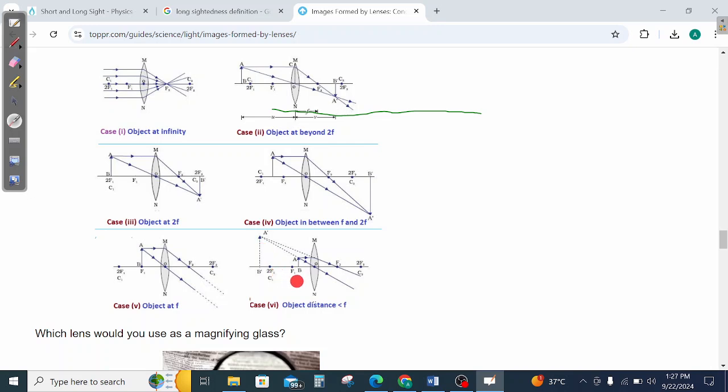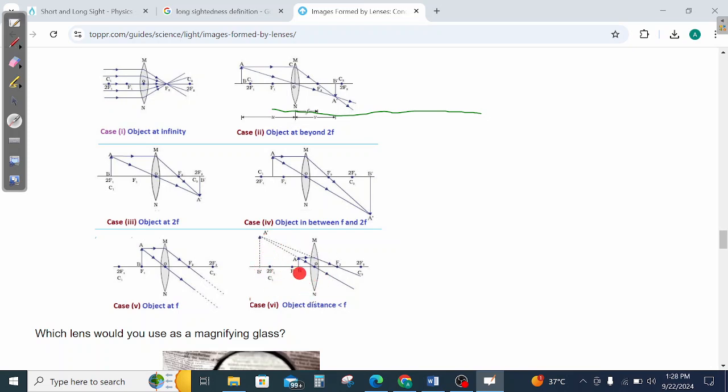You will see here the center O of the lens, and the first focal point f1 is here. The position of the object is AB. When the object is placed between the focal point and the lens, the image formed will be upright and magnified. So this is your case.